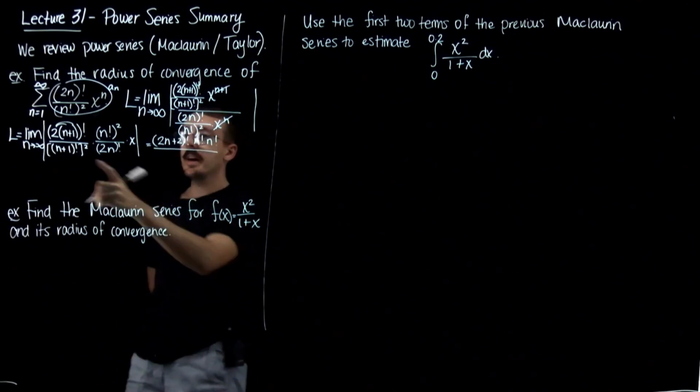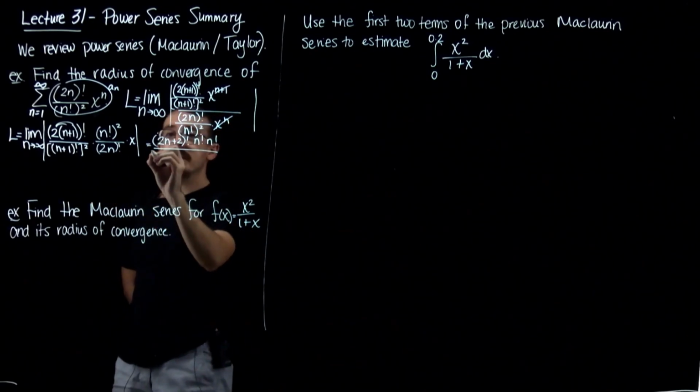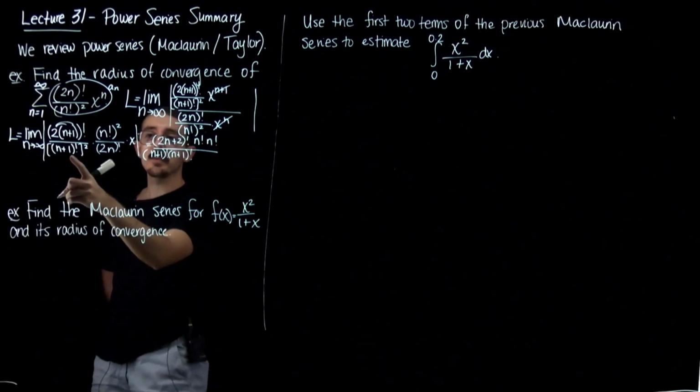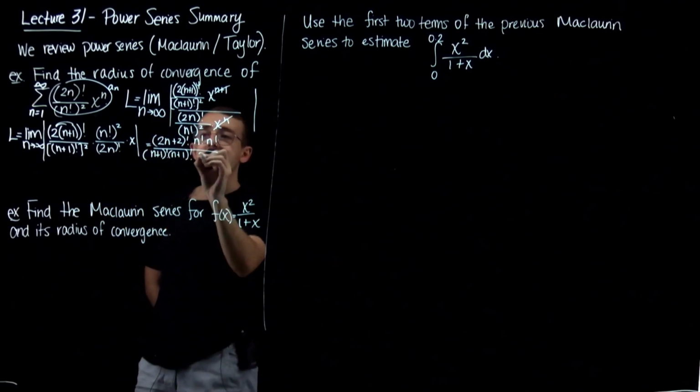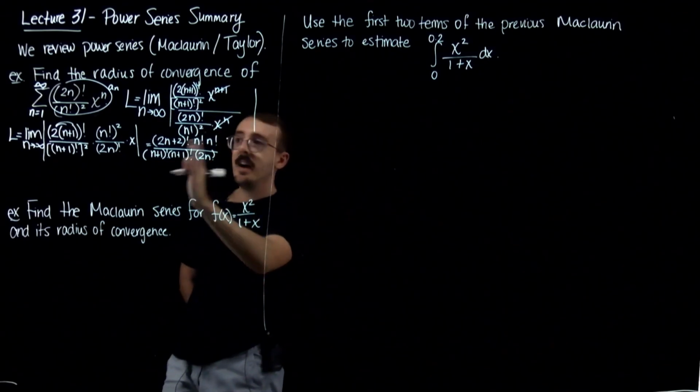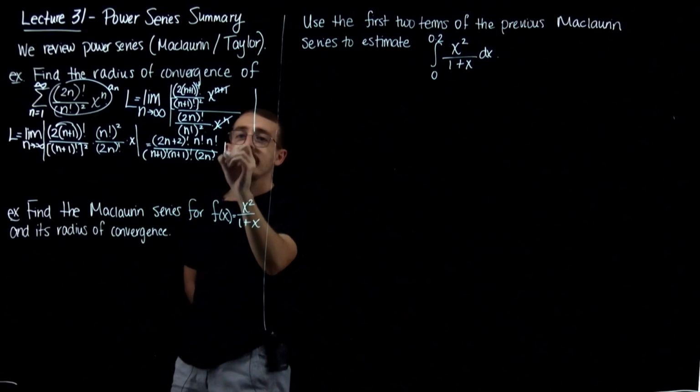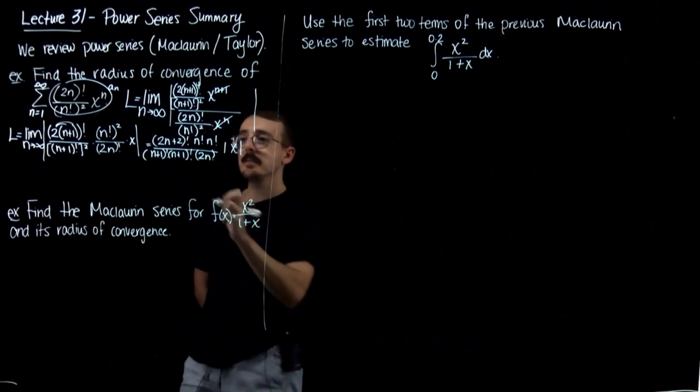Then divided by n plus 1 factorial times n plus 1 factorial, since I have n plus 1 factorial squared. And then this is 2n factorial. This is all going to move outside of the absolute value bars. And then I'm going to have x still in the absolute value bars.